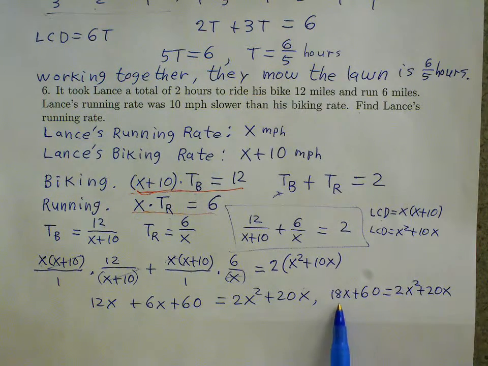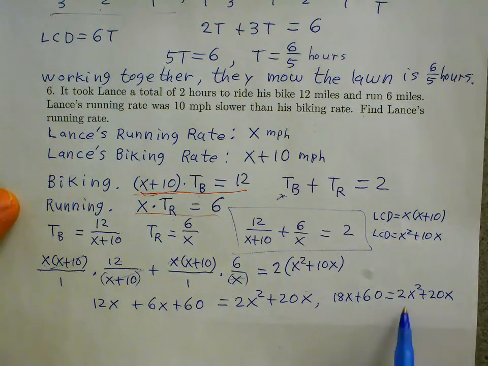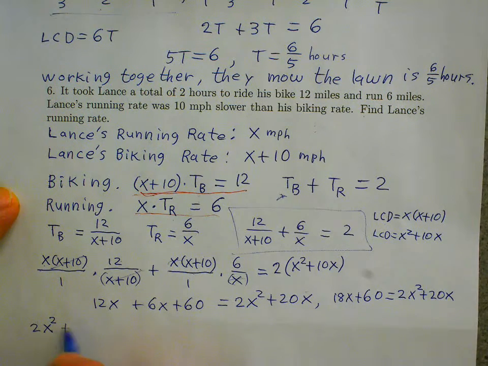Next, we will subtract 18x from both sides and also subtract 60 from both sides. I'll put the non-zero terms on the left-hand side. So 2x squared, and then subtract 18x from both sides. We get 2x squared plus 2x minus 60 equals 0.